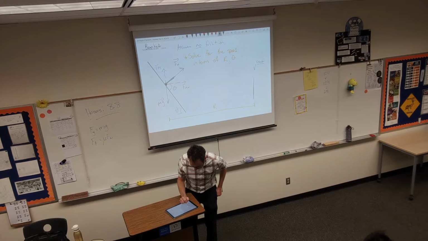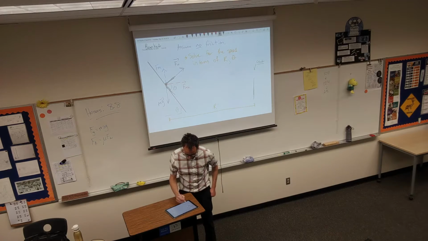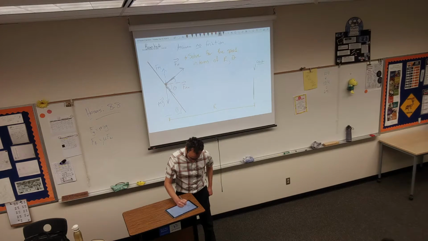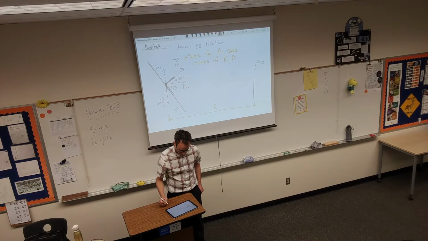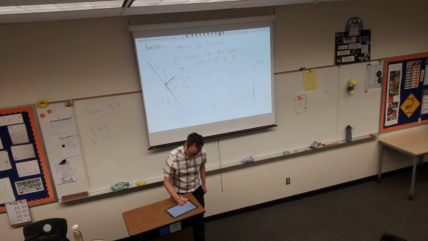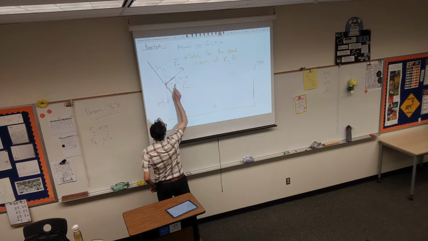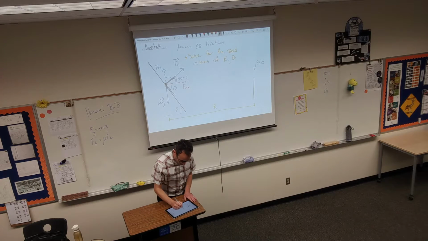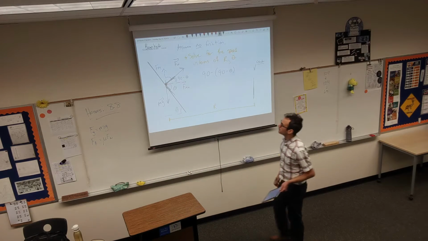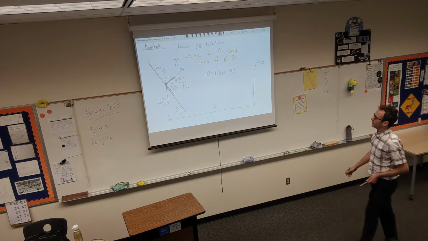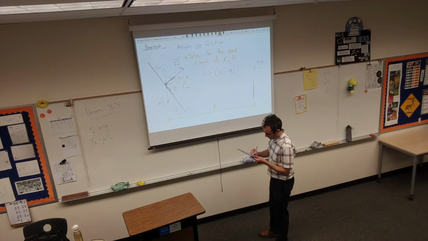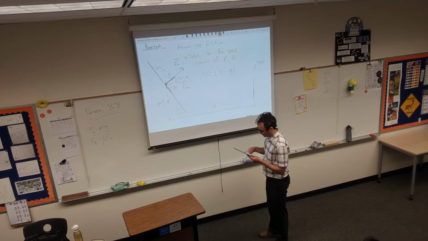By definition, normal force is perpendicular to a surface, so what is this? 90 minus theta, right? Then what about this? That's theta, because this is perpendicular as well. So that's going to be 90 minus theta. So the 90 cancels out, I just get theta left over. So that's your theta right there.